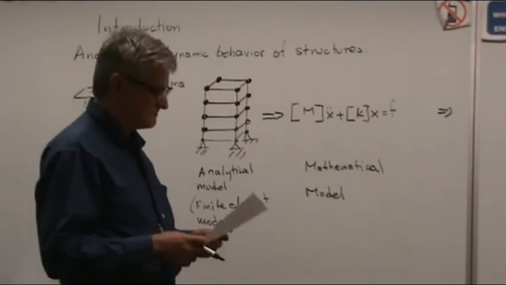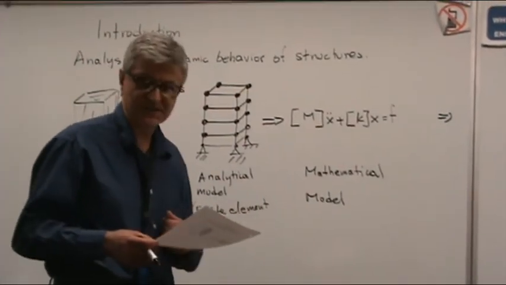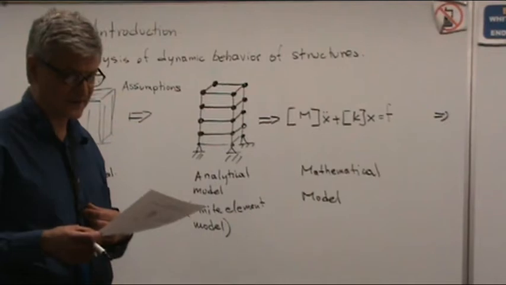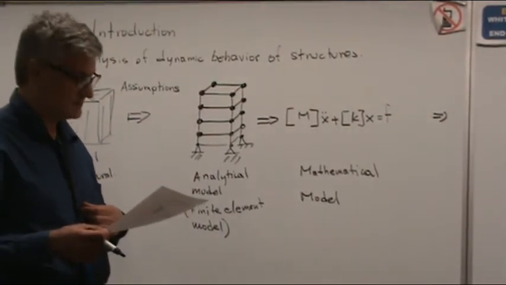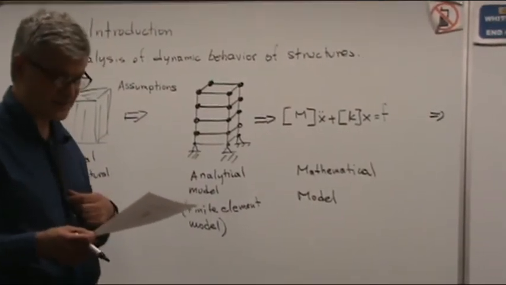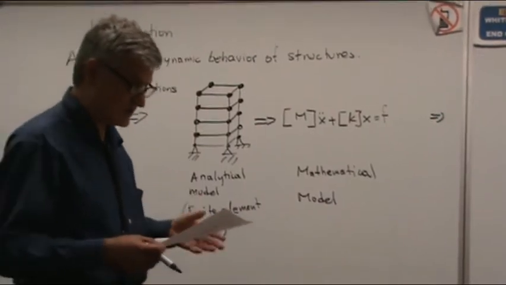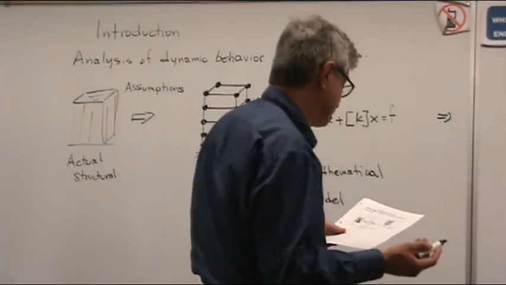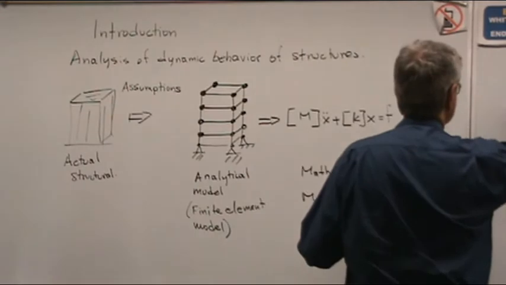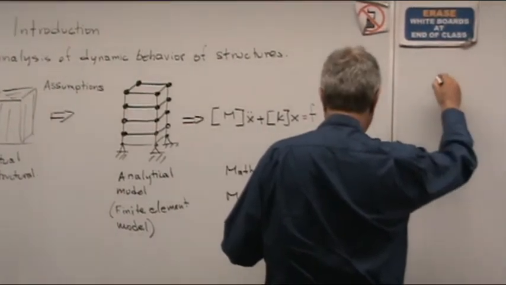We have computer programs, such as programs for finite element analysis, that will actually solve these equations, and they will give you the behavior of the system. So you use a computer.